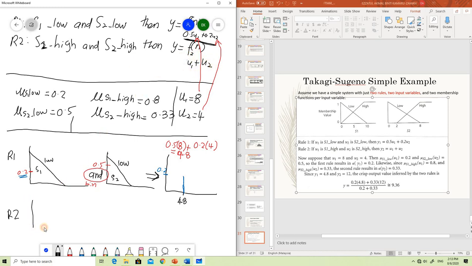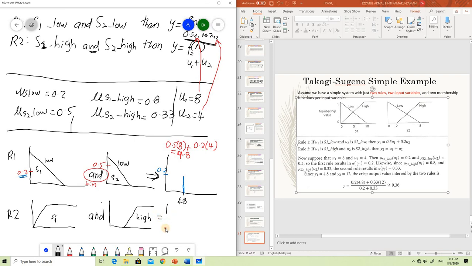Okay, so what would be the graph here? S2 high would be like this. S1 high. Okay, and then AND, right? S2 high, somewhere around here.